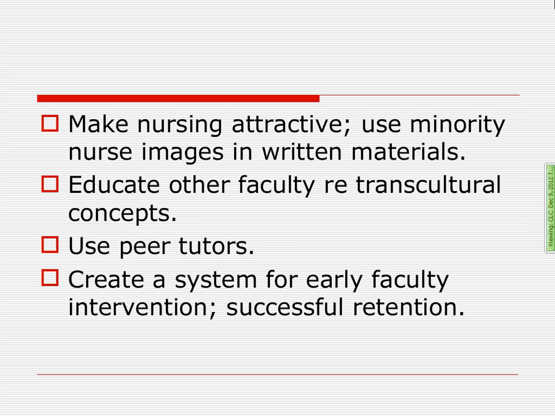We have here at our university something called an early warning system, where students that are not progressing well enough at midterm are notified and encouraged to come see their faculty advisor in the program that they're in, and that has been helpful as well.